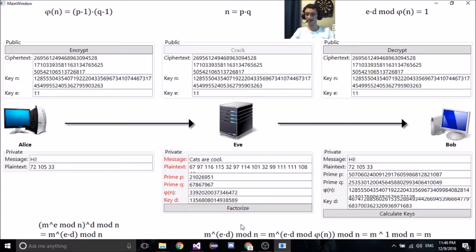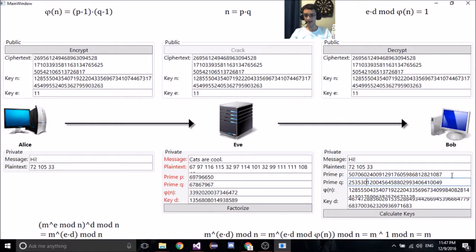So as I was saying, the general number field sieve would be able to crack this key in less than a second on an Intel i7. This is going to take quite a few hours. However, that algorithm would take an hour to crack a 260-bit key, which is, well, this is approximately 100 bits, and about 100 years on hundreds of server computers to crack a 2000-bit key, which is what is normally used.